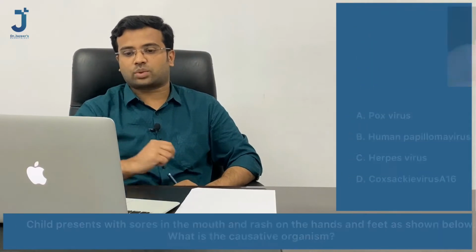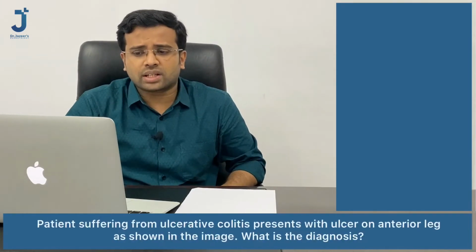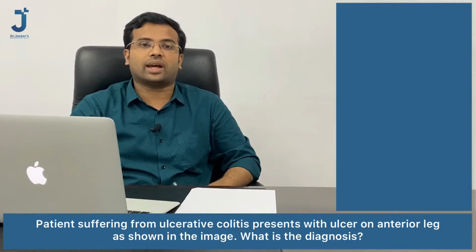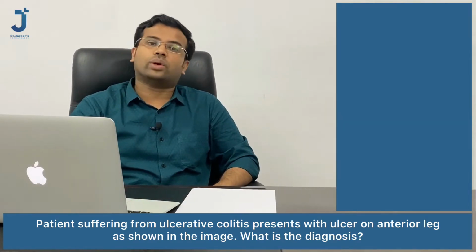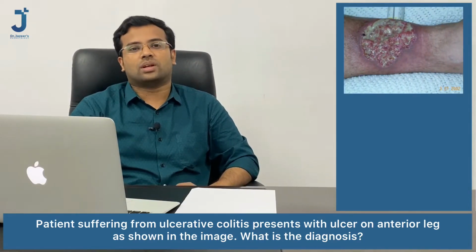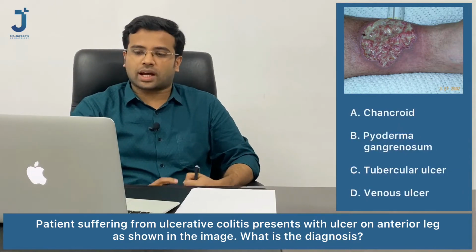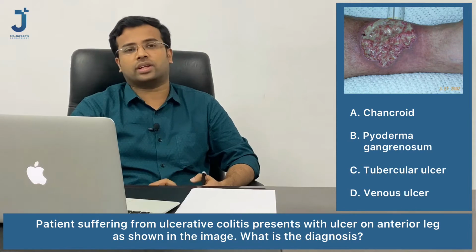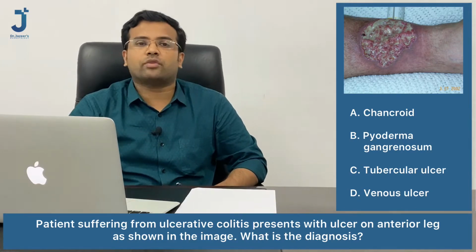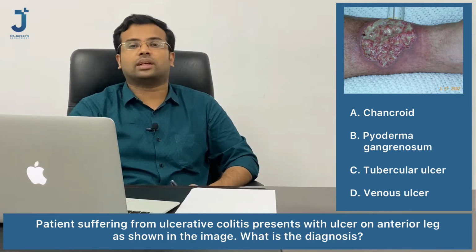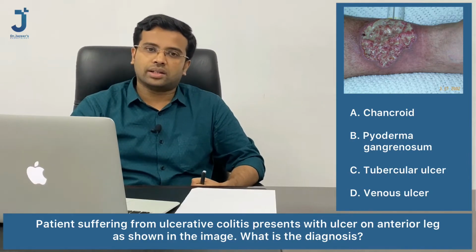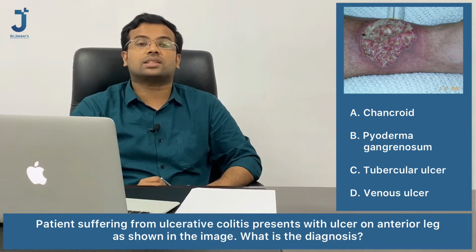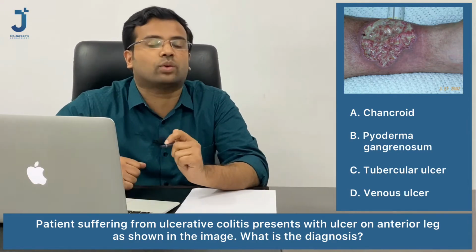So now let's see the next question. A patient suffering from ulcerative colitis presents with an ulcer on the anterior leg as shown in the image. What is the diagnosis? The options are chancroid, pyoderma gangrenosum, tubercular ulcer and a venous ulcer. Every time we get a non-healing ulcer, we may think about a venous ulcer, an arterial ulcer, a tubercular chancre or whatever. But in this case, there is a special mention of ulcerative colitis.